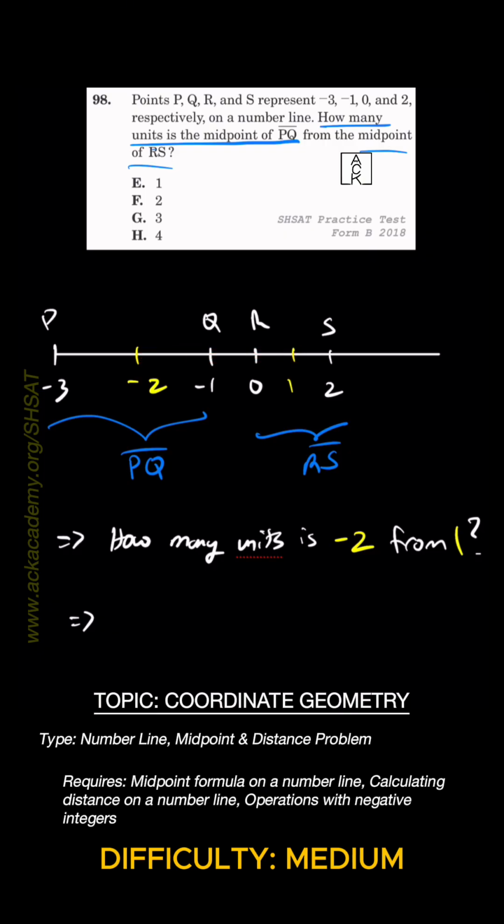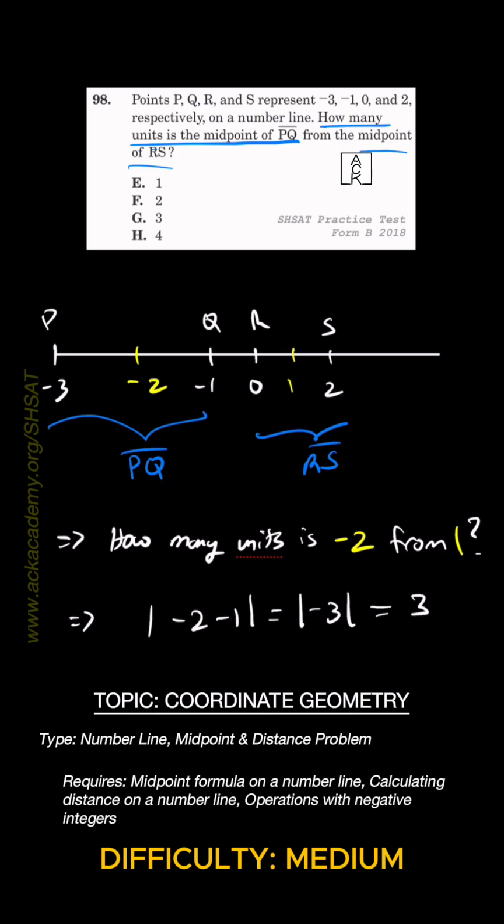You can also find the difference between them. You can say something like the absolute value of -2 - 1. What is that? Equals -3, which is 3. And again, the absolute value, all that means is the distance from 0.